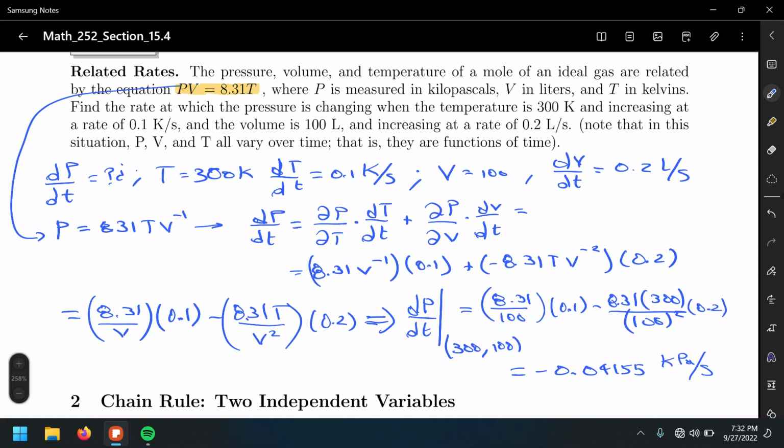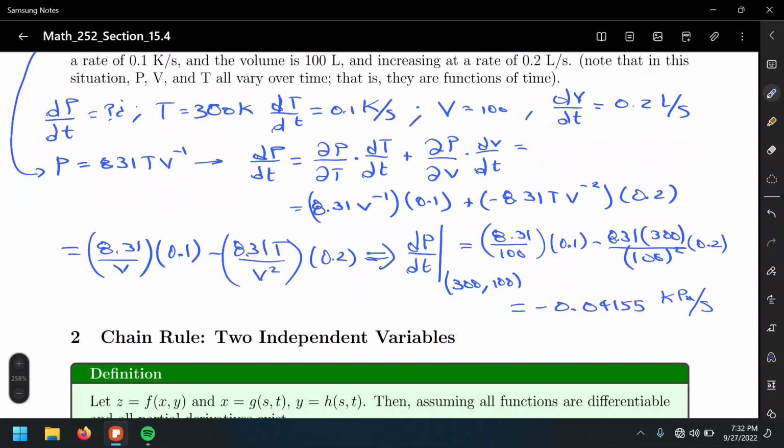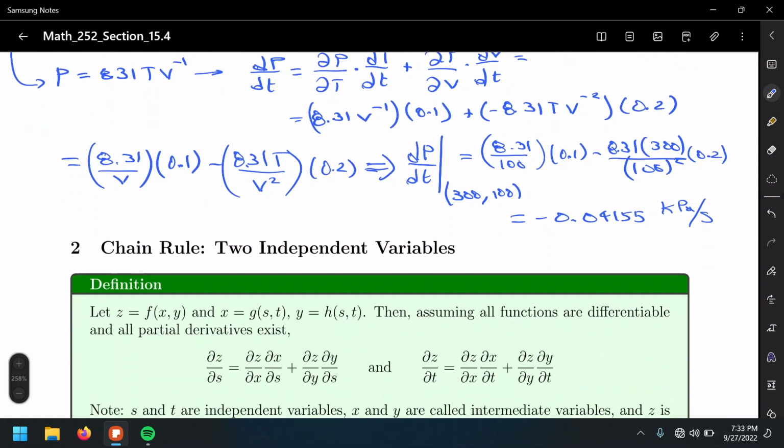All right. And yes, that's a related rate type of problem, but in this case involving more than one property. What's next? Oh, chain rule, but having in this case two independent variables. All right, these ones are gonna be fun.